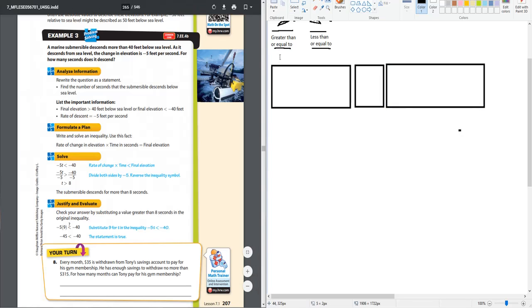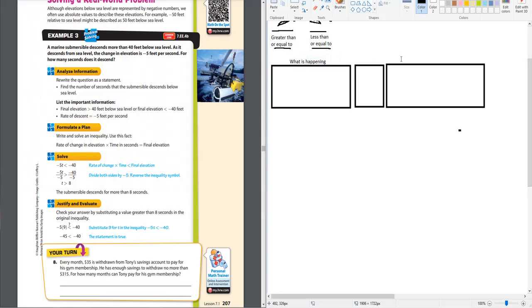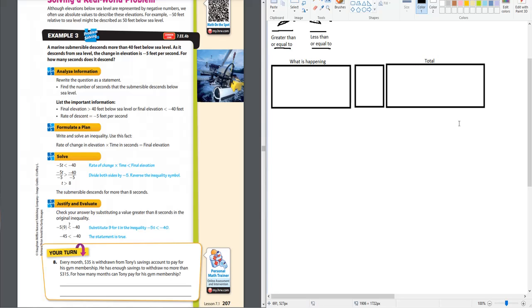We need to know what is happening. This is the thing that's happening, the thing that's an action, something that the person needs to do. It's active. This one is the total. This is like the total of something that you have. There's not really much to do with it. It just kind of is.